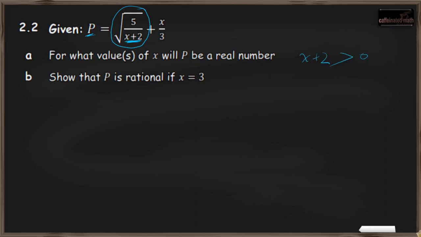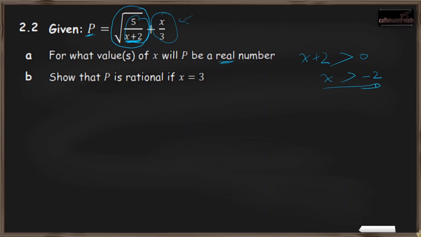It can't equal 0 because we're not allowed to divide by 0 either, which means x needs to be greater than negative 2. As long as it stays greater than negative 2, this fraction will remain positive, and we are not worried about that value over there, because this is about being real.